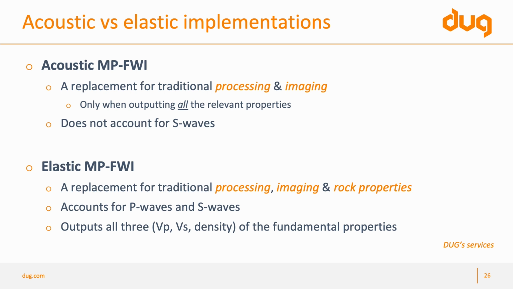Acoustic MP-FWI imaging is a replacement for traditional processing and imaging only when outputting all the relevant properties. Elastic MP-FWI imaging is a replacement for traditional processing and imaging and rock property derivation. This is because it outputs all three, Vp, Vs and density, of the fundamental properties of the rock layers.